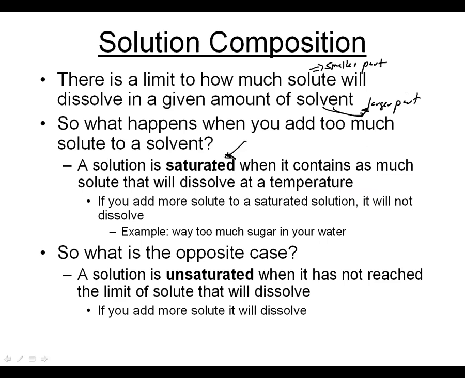So if you have an unsaturated solution, you could continue to put solid in it, and at some point it will hit what is sometimes referred to as its saturation point. When you hit that saturation point, you have now made a saturated solution, and then it will no longer dissolve. But up until that point, you can continue to dissolve the solid.